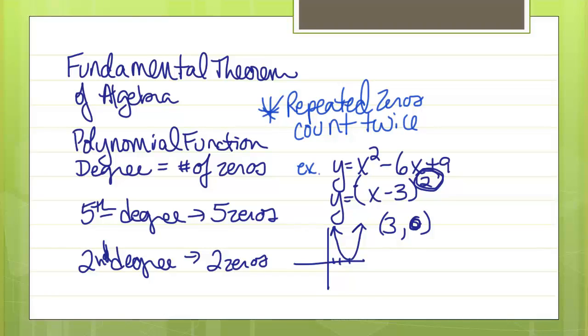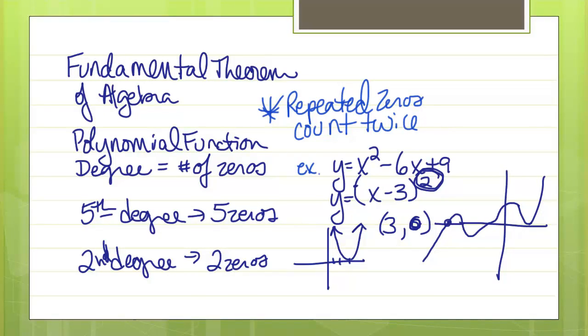So if I have a higher degree polynomial function, it's possible that my 5th degree polynomial function could have one place that bounces off, so that takes care of 2, and then 3, and then 4, and then 5.